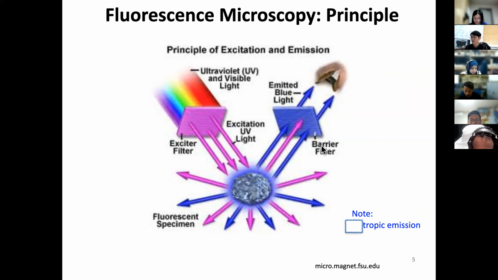And if you put, let's say, a blue filter to block this excitation UV, you can actually see the glowing of this fluorescent specimen. And of course, the rest will be no light, so the rest of the background will be black. So that's interesting.